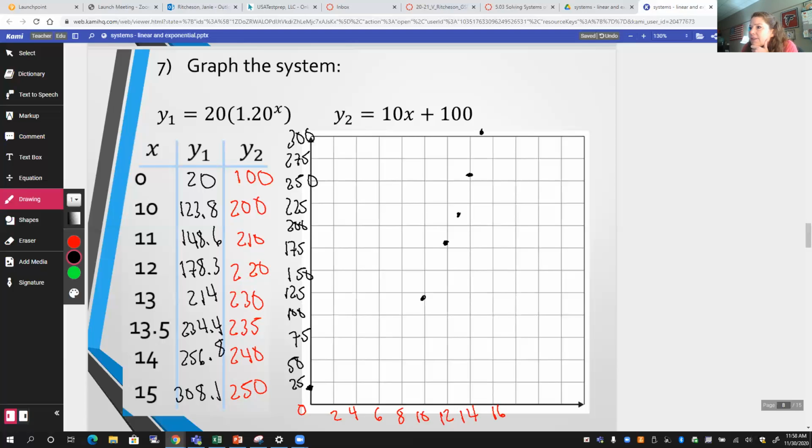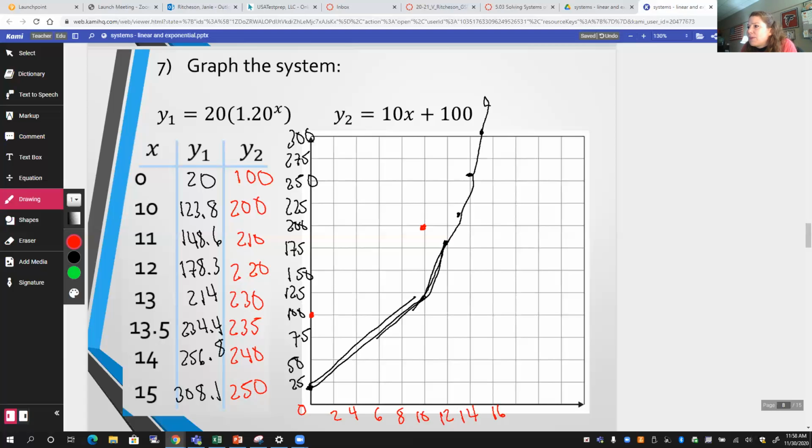All right, so here's our exponential. Ooh, that should not be that straight, but anyway, I made it too straight, but it's the pen and my unsteady hand. Oh, that's terrible. All right, and then let's do the red one, 0, 100. And then when x is 10, we're jumping up here to 200.